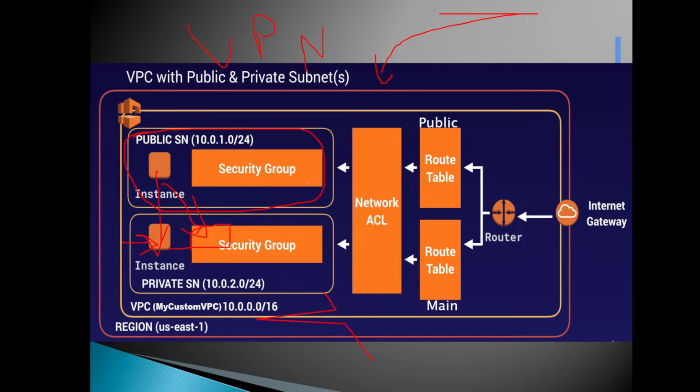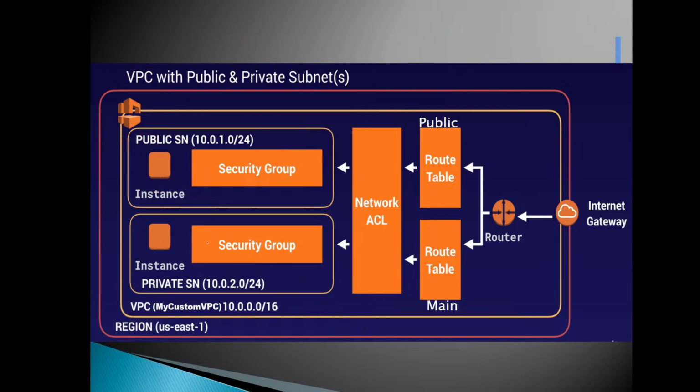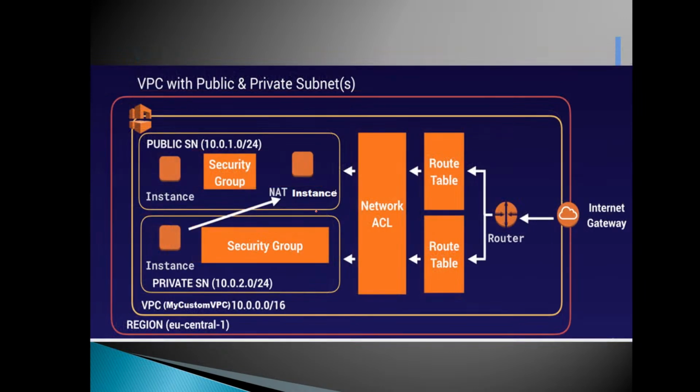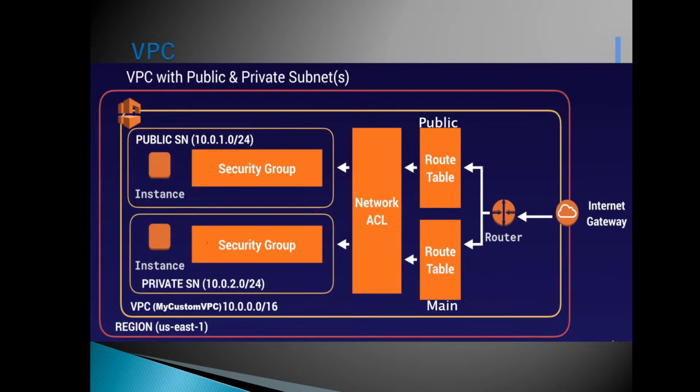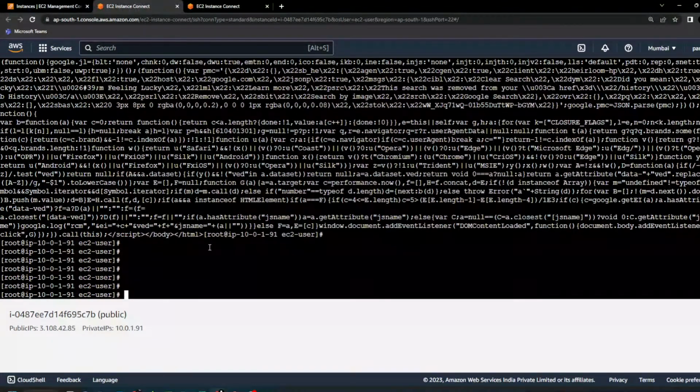So when you connect to the company network, you connect into their public network, and from there you are able to access their private applications. Any question till here? So we have connected to our private EC2 machine, we have connected to our public EC2 machine.